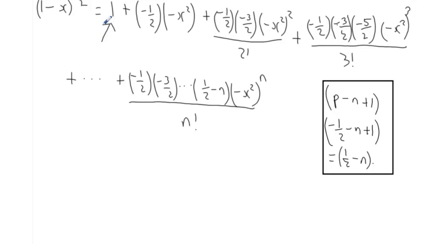Everything else, you've got some minuses being multiplied together, and you've got these 2s on the bottom, and you've got minus x squared being raised to powers, and you've got factorial, and all this stuff. The 1, I'm just going to leave it out. So we're going to see this equals 1 plus, and then we're going to try and get a series. The sum of, we'll leave the start point and the end, well, we know the end point is going to be infinity. But we'll have a think about zeros and ones in a minute.